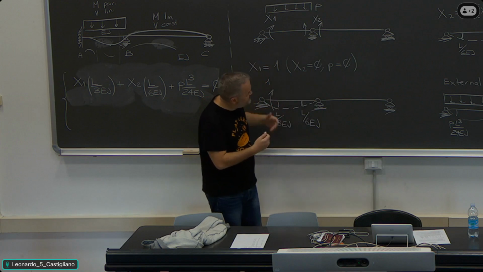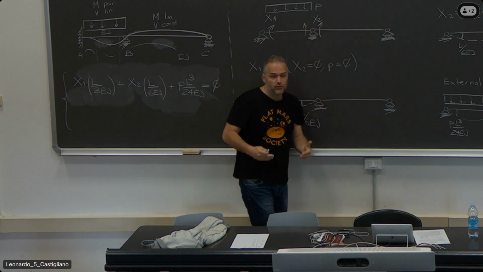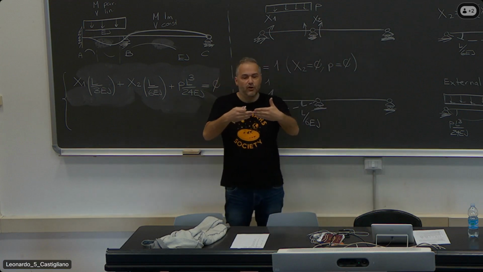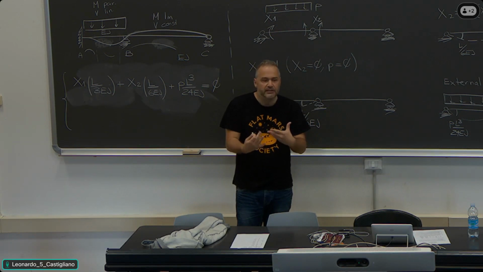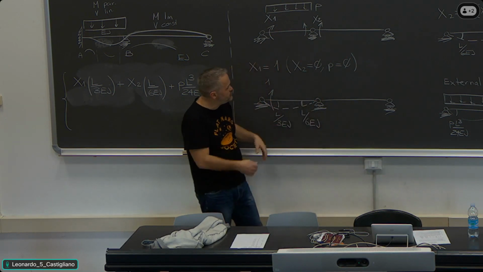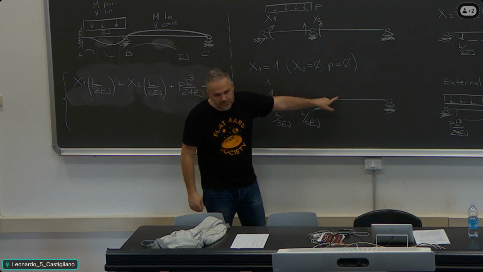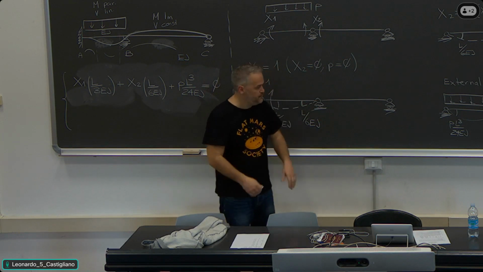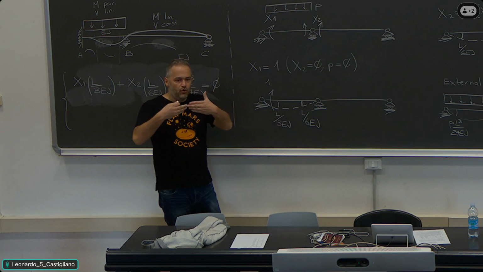So as I used to say, this structure is flat here when there are no loads applied. I look at whether the angle opens or closes. That's the way to look at it. Another way to look at it, we've seen it in class, is to look at the relative rotation, so to set the rotation to the left equal to the rotation to the right. But that's more cumbersome, so we're going to look at where the angle opens.